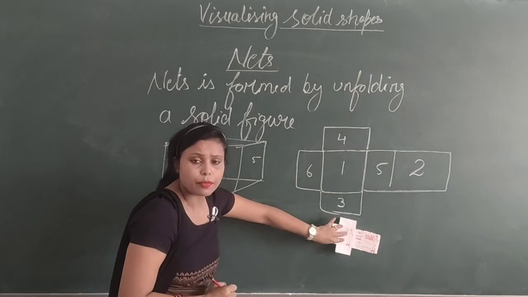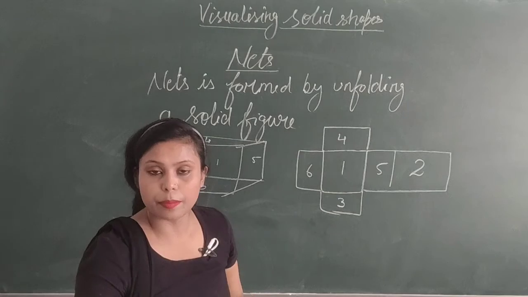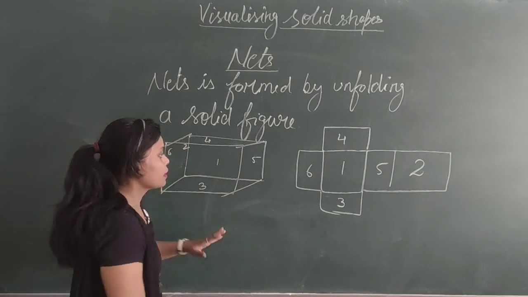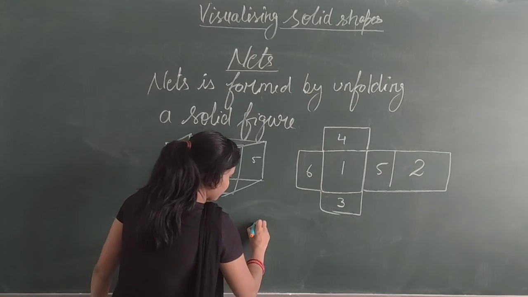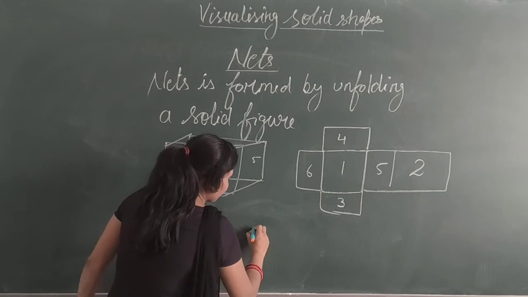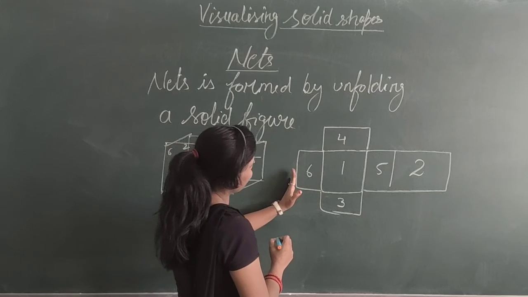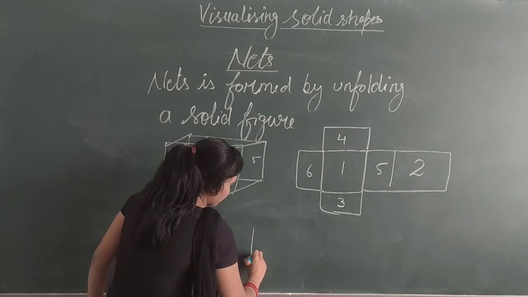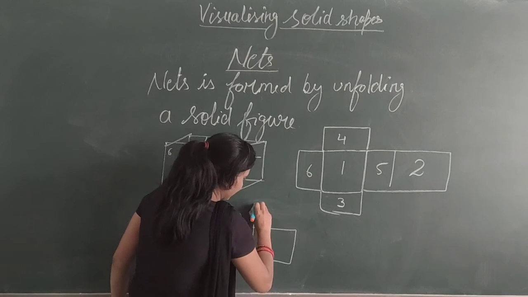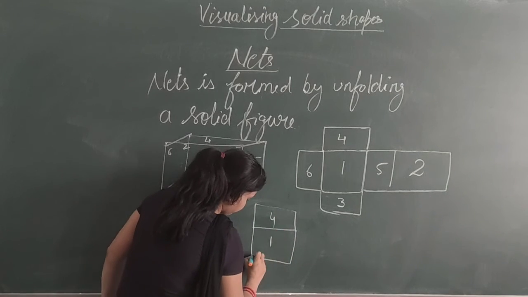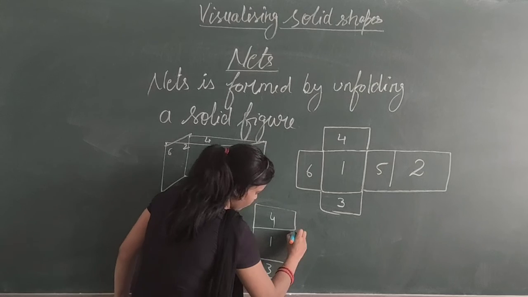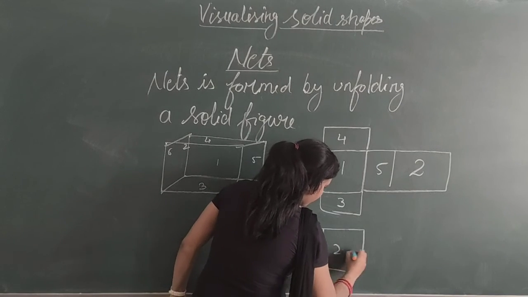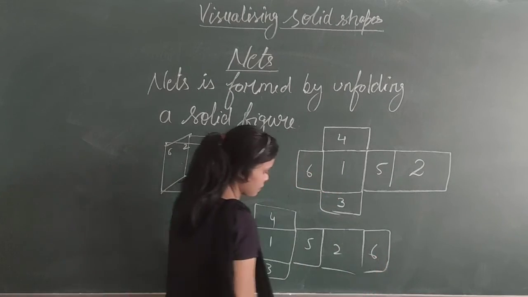Okay, a net can be of different ways. A net can be represented in different ways. Like if I open this in a different way, how can I open it? Suppose I have taken this 4th part to the left side. Okay, so my representation will be like this.